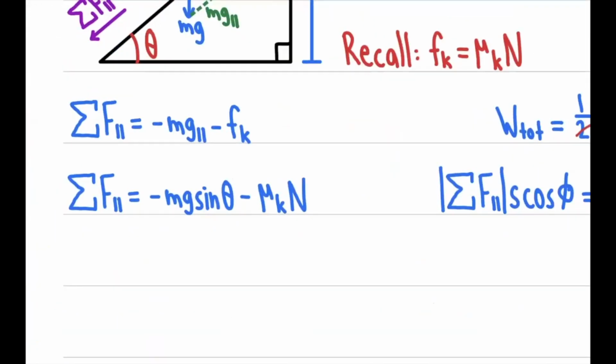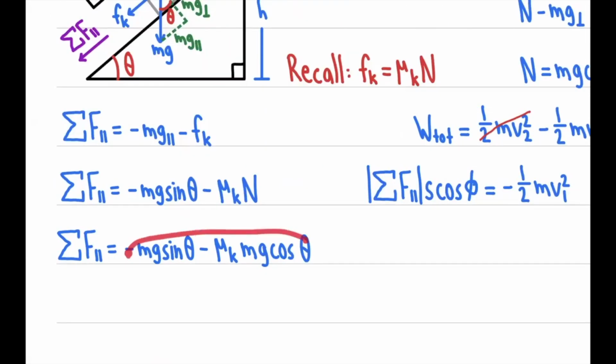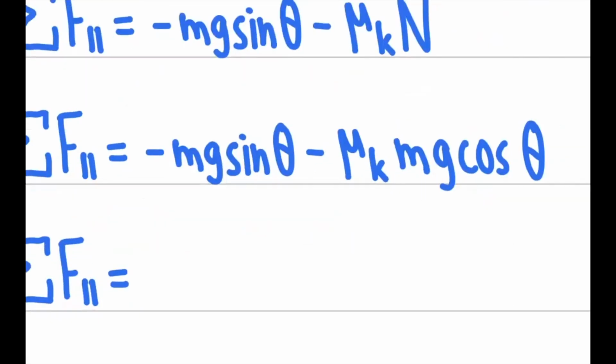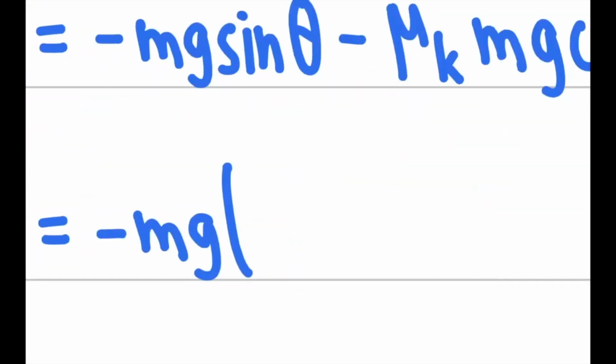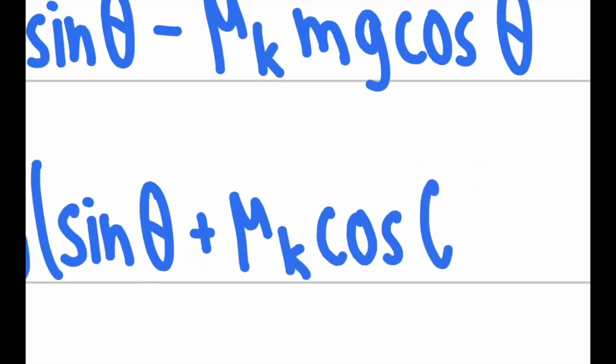So I'm gonna replace that here. Instead of n, I'm gonna put mg cosine theta now. We have everything here except mass. Before I do anything with the m, let me factor out negative mg, just to make it a little cleaner. We like clean. So negative mg, and you're going to be left with sine theta plus mu k cosine theta.